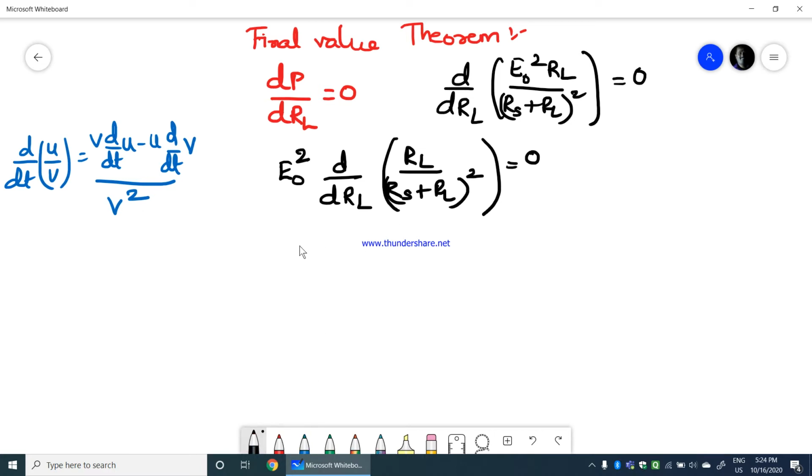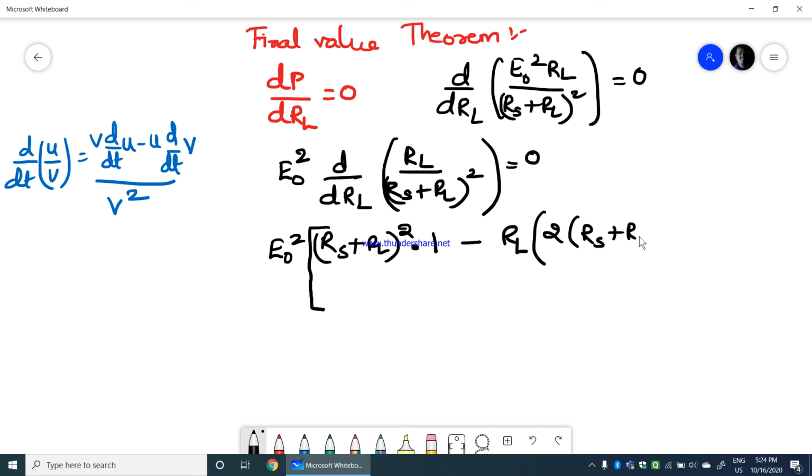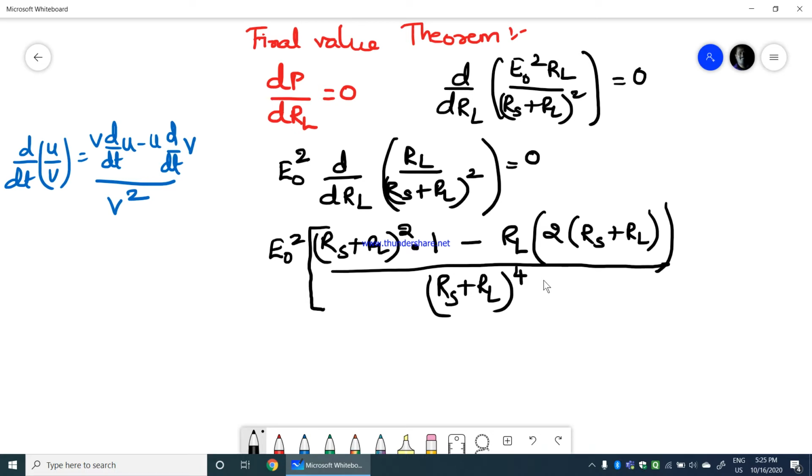So therefore, E naught square multiplied by RS plus RL the whole square into differentiation of RL in terms of RL, that is equal to 1, minus RL into differentiation of RS plus RL the whole square, which will give you 2 times RS plus RL. And this whole thing will be divided by RS plus RL the whole square, which is to the power of 4, and this will be equal to 0.